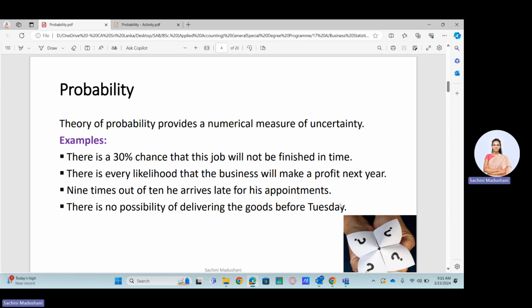There is every likelihood that the business will make a profit next year; say there is a 20% chance that the business will make a profit, and that 20% is the numerical measure of the uncertainty. Then the third one: 9 out of 10 times he arrives late for his appointments. That is a numerical measure of the uncertainty.